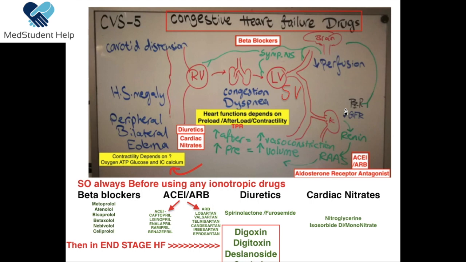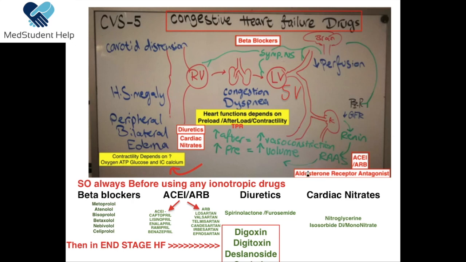So whenever there is an activation of the sympathetic nervous system, there is going to be activation of this receptor, which is going to eventually lead to the release of the renin. And if we release the renin, it is going to lead to the activation of the Renin-Angiotensin-Aldosterone System.